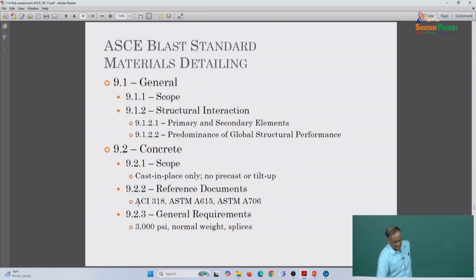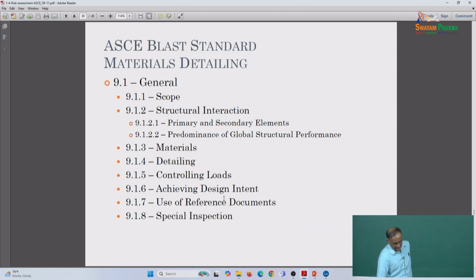The reference documents, just for your information: ACI 318 is our concrete code, and then ASTM 615, that's the steel, basically the rebars. These are all rebar details. And further along it talks of interaction between the primary and the secondary elements and how to detail them.